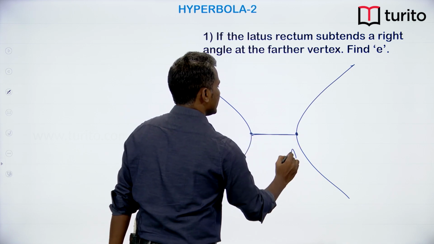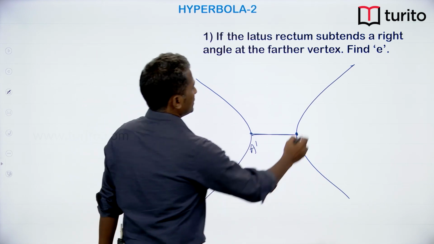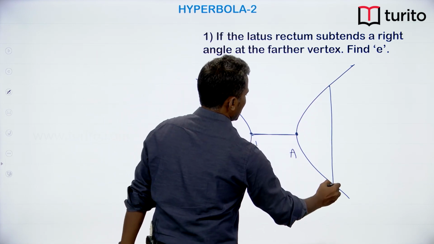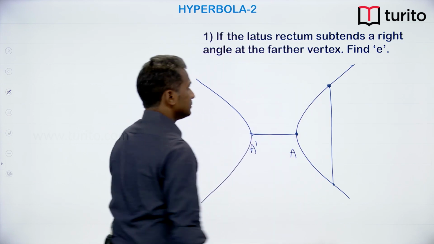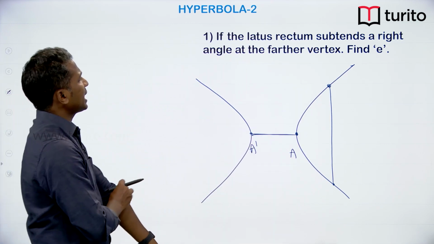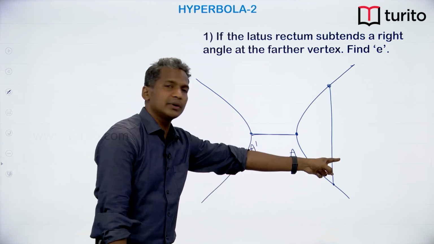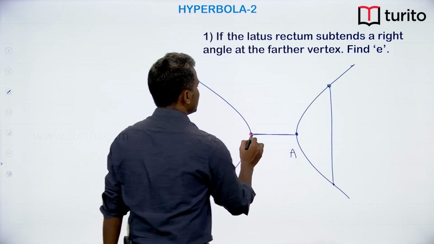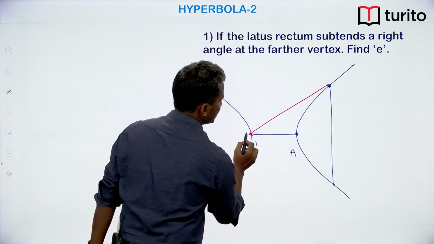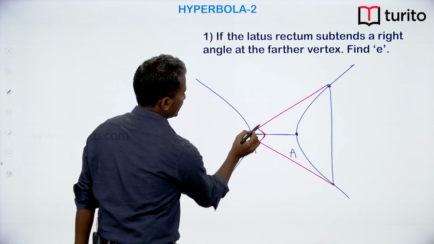Let us name this as A, and this as A dash. Now, I am assuming one latus rectum here, and what is given? The latus rectum subtends a right angle at the farther vertex. So, which vertex is farther from this latus rectum? This vertex is farther. So, if I join these two, this angle must be 90 degrees.